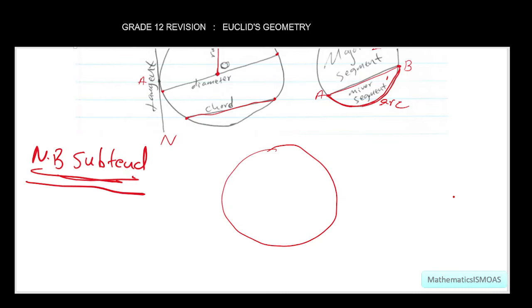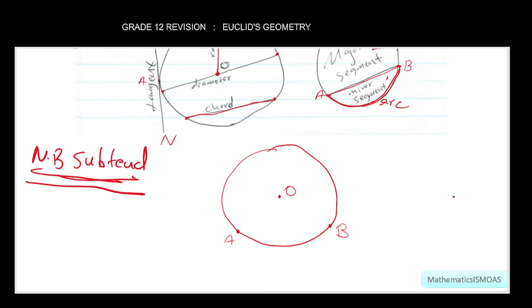Let's have a circle, and let's say this is point A, and this is point B, and let O be the center of the circle.